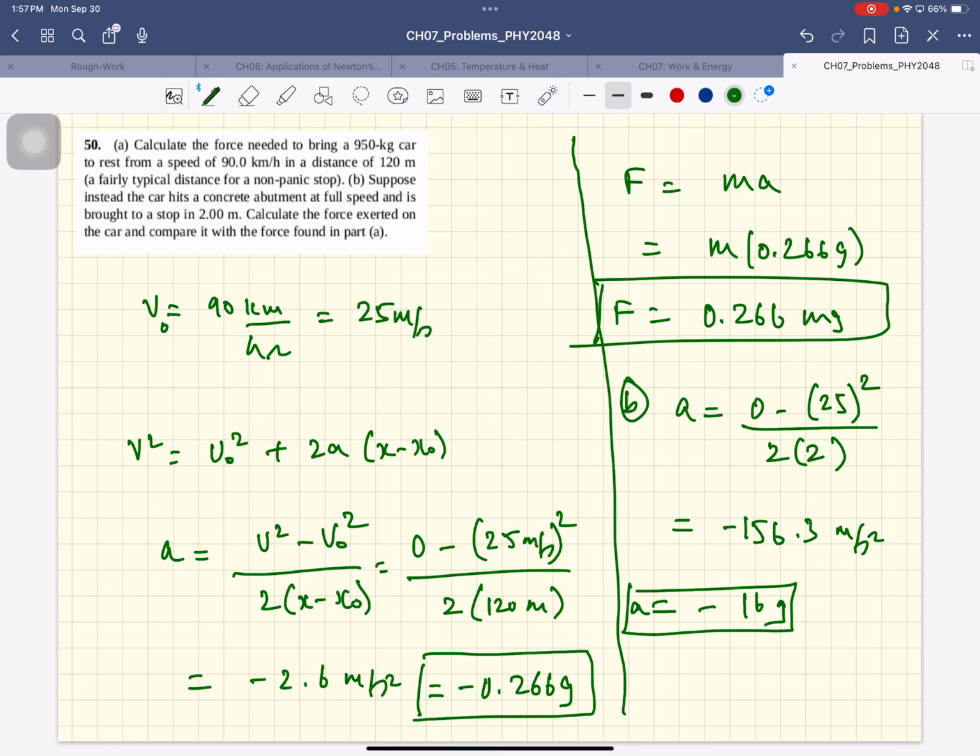So if a wall jumps in front of you, you're experiencing 16 G's of acceleration. And that's not good for you.